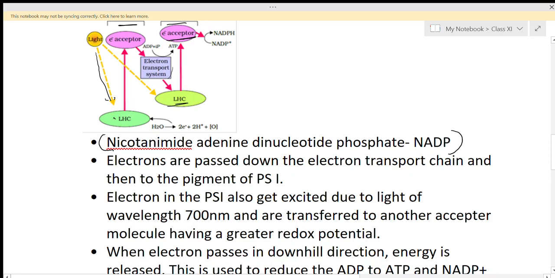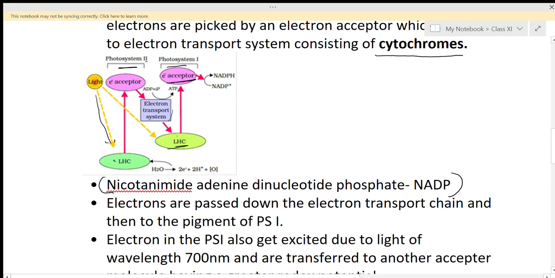Due to the absorption of 700 nm light, the electrons of photosystem 1 become excited, and then they transfer to another acceptor molecule which has a greater redox potential.